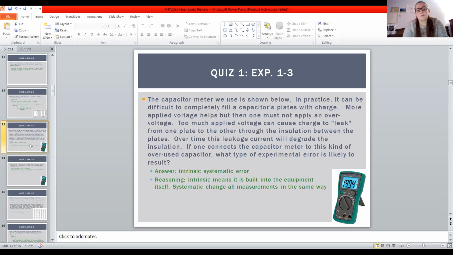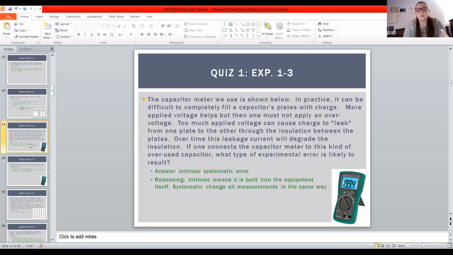I would say be prepared for error propagation for sure. Nothing crazier than what we went through in these examples, or what you did in the experiments. So error propagation for sure. Classifying errors, he really likes to do those. Be familiar with the oscilloscope, what all of those knobs do.